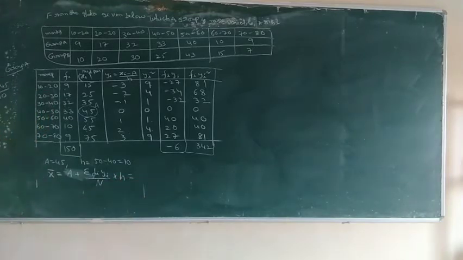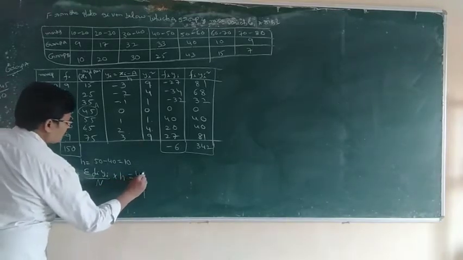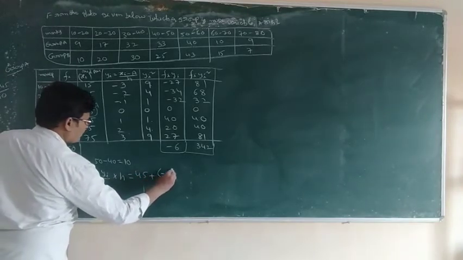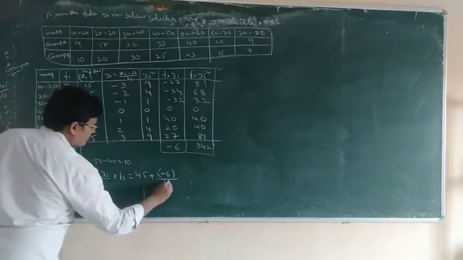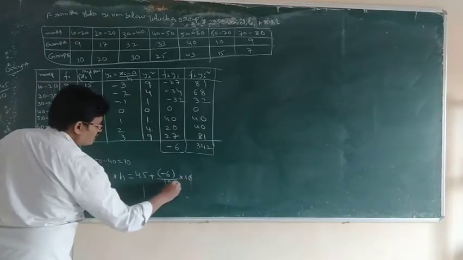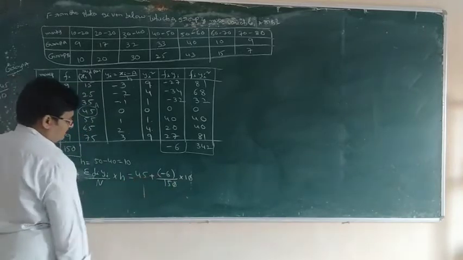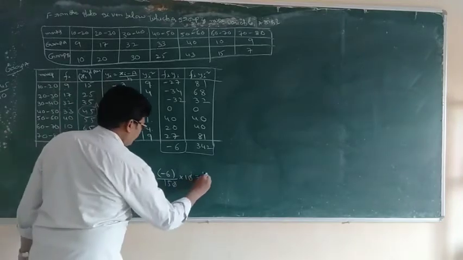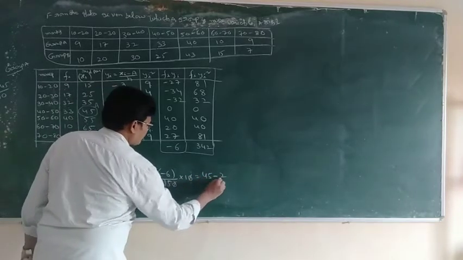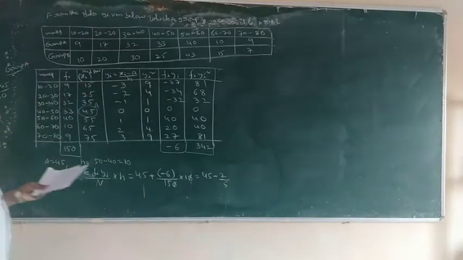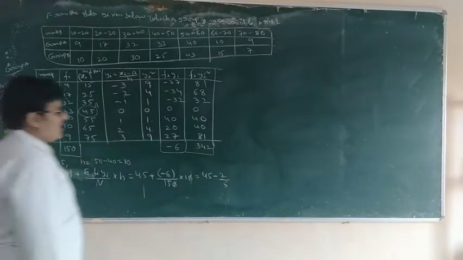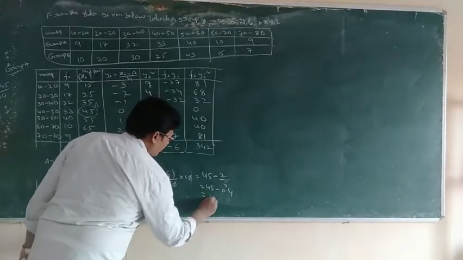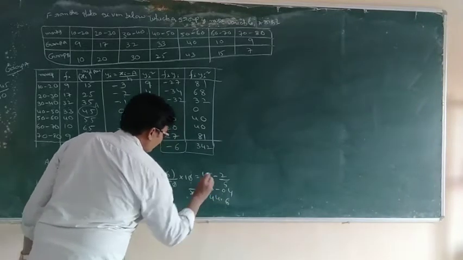A is 45 plus sigma fi into yi, which is minus 6, by capital N, which is 150, into 10. The 0s cancel, so 6 by 15 is equal to 2 by 5. So 45 minus 0.4 is 44.6. This is x bar.